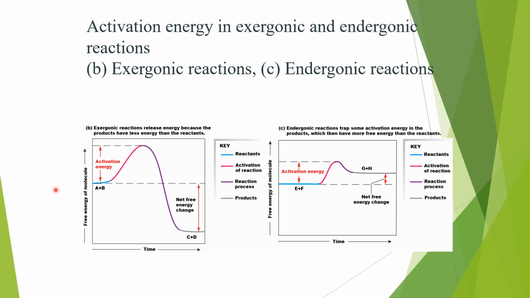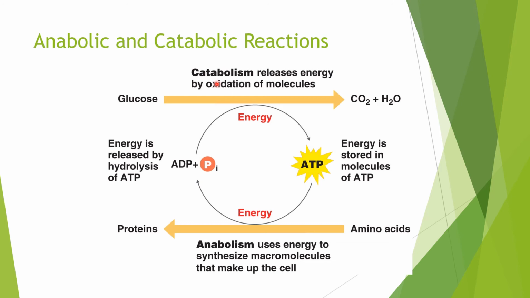reactions. When the reactants had to lose energy, that's known as exergonic. And when the reactants lost energy, basically the products are going to have less energy. We've already discussed how catabolic reactions release energy and anabolic reactions absorb the energy.